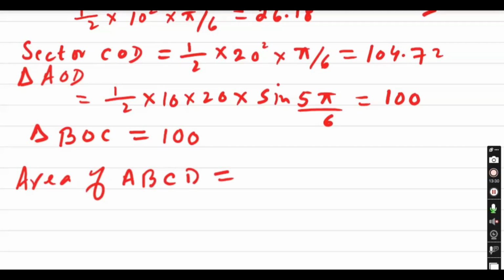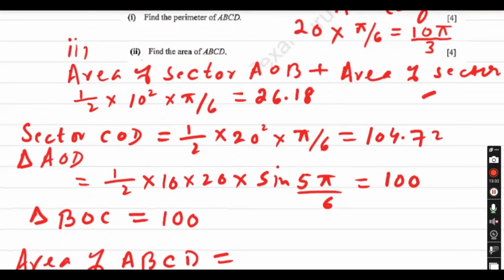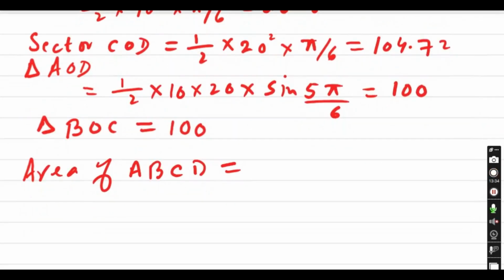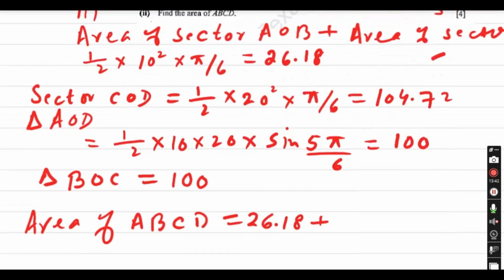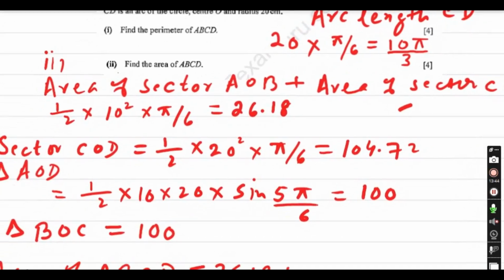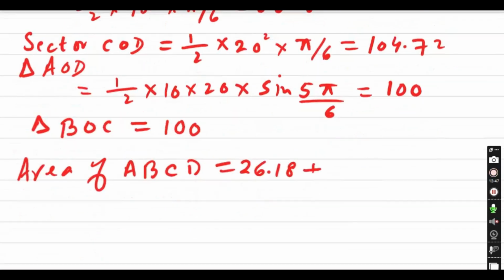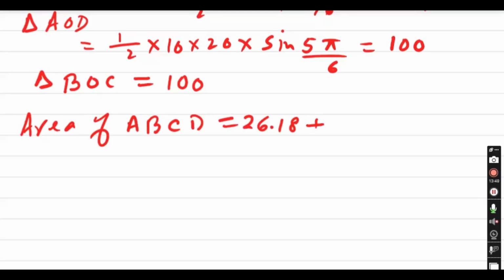Hence, the final answer is area of ABCD equals 26.18 plus 104.72 plus 100 plus 100.